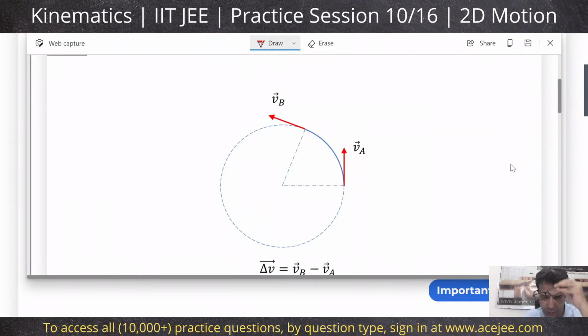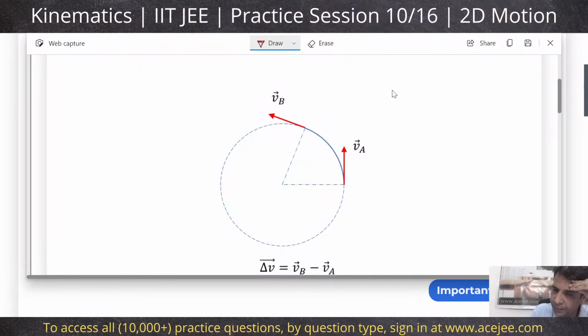So let's talk about the average velocity. Once again, V average is final position vector minus initial position vector divided by the time duration delta t. Nothing too funny about it.